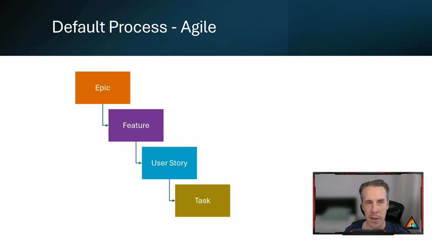And taking that one step further, in the Agile process that we use, the typical way these work items are organized is that you have a single epic, which can have multiple features, that feature can then have multiple user stories, and that user story can have multiple tasks.